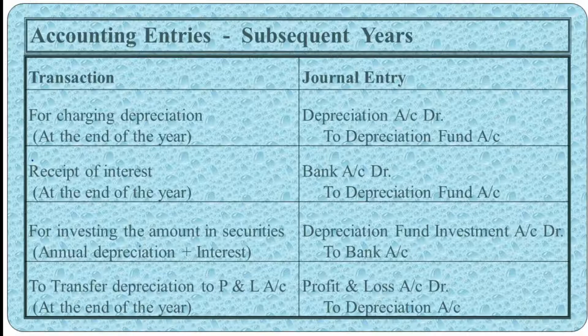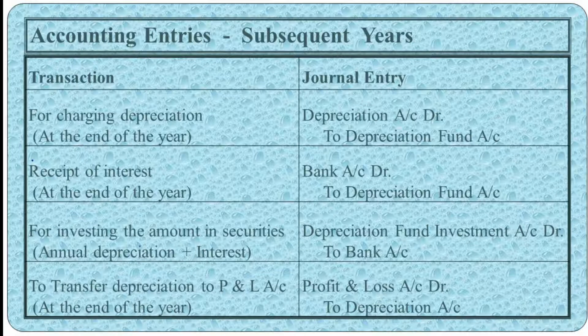The entry for the same is bank account debit to depreciation fund account. That is, bank account is debited and depreciation fund account is credited with the amount of interest received. Interest is received at a specified rate on balance of depreciation fund investment outstanding at the beginning of each year.